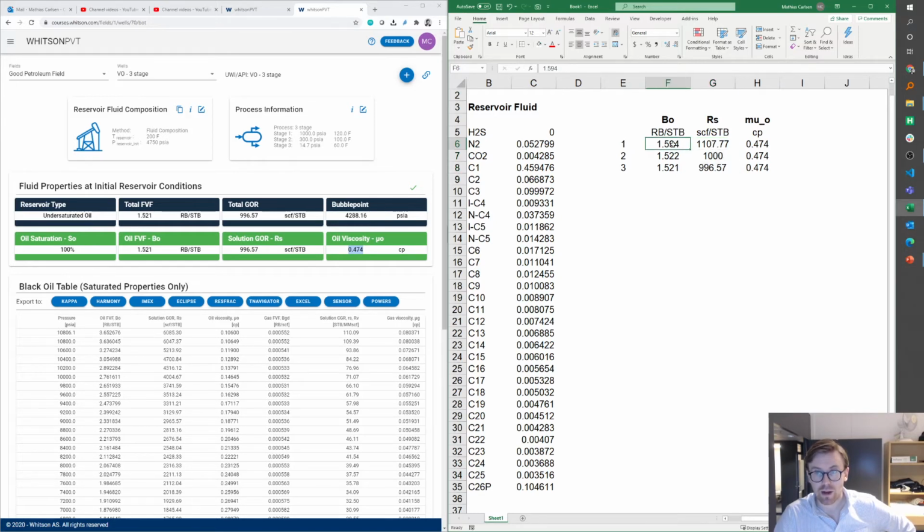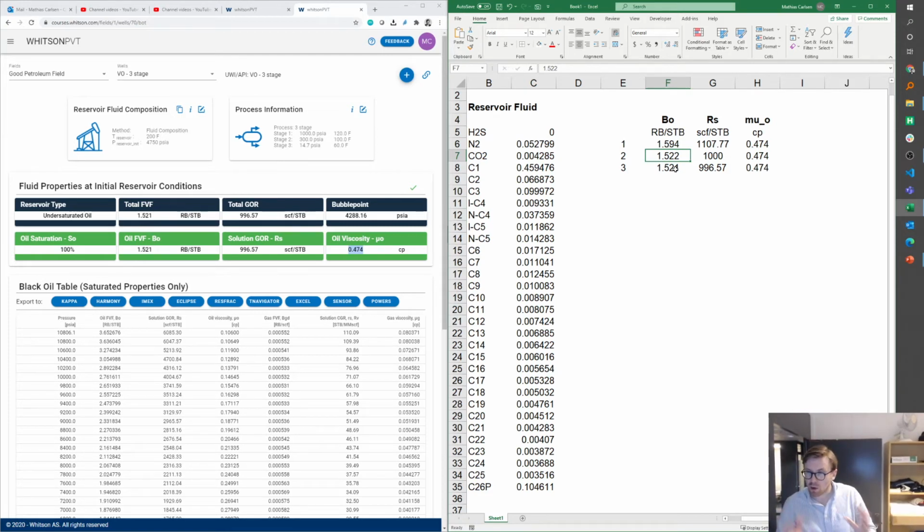The formation volume factor is equally changing a lot to 1.6 reservoir barrels per stock tank barrel. Okay, and we see that when we add an additional stage, we get a smaller formation volume factor, and when we add an additional stage again, we get a little bit smaller formation volume factor yet again.